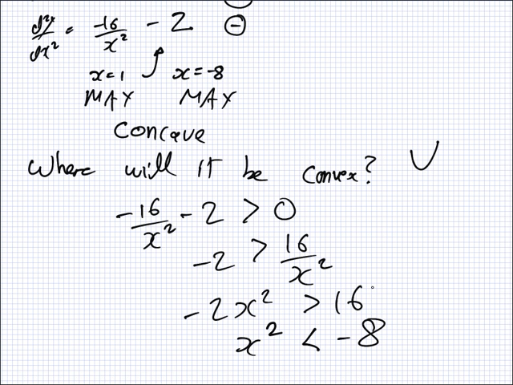And you also can't have x as 0, yeah, but it's worse than that. You can't have a positive being smaller than a negative. So this answers the question quite clearly. Where will it be convex? The answer is never. I can never find anywhere on this graph where the second derivative is going to make this convex. Okay, what about another question?